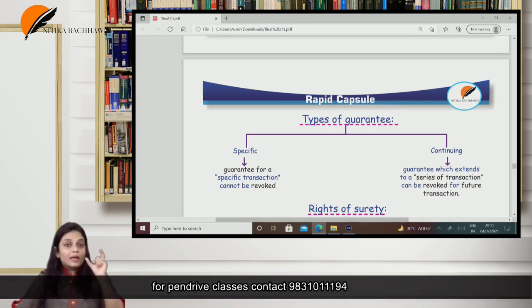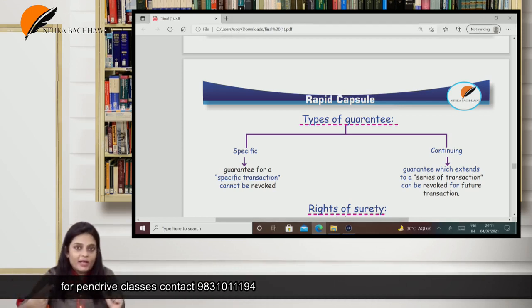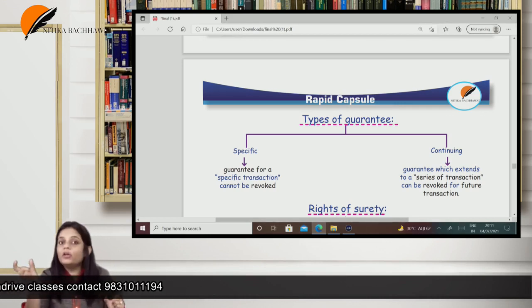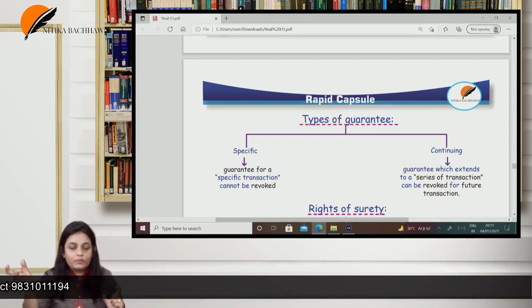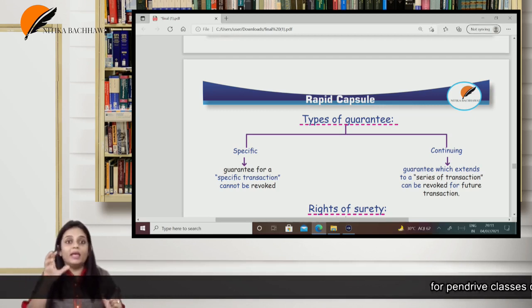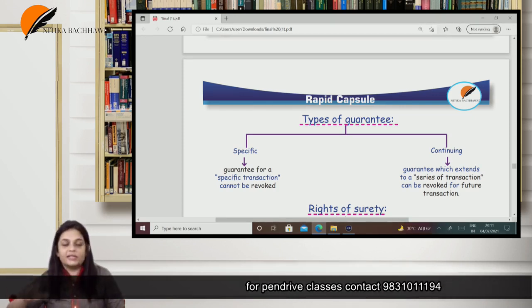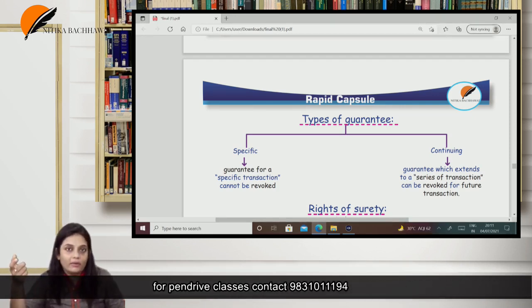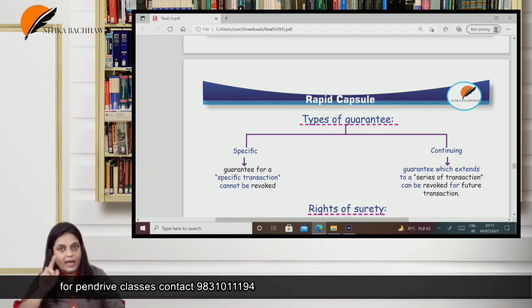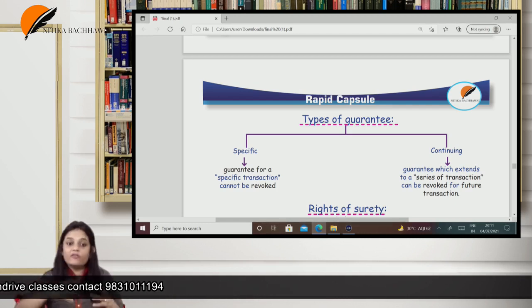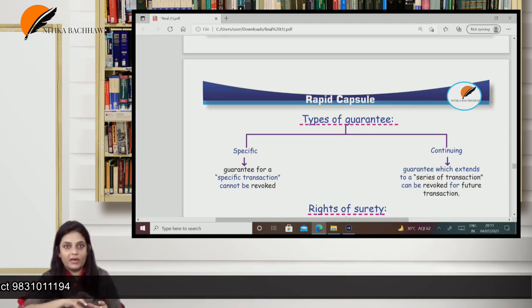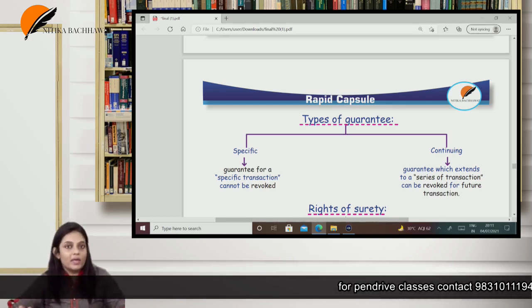When the guarantee is given for a specific transaction, we call it a specific guarantee. On the other hand, when the guarantee is given for a series of transactions, we call it a continuing guarantee. So guarantee is of two types, specific and continuing.